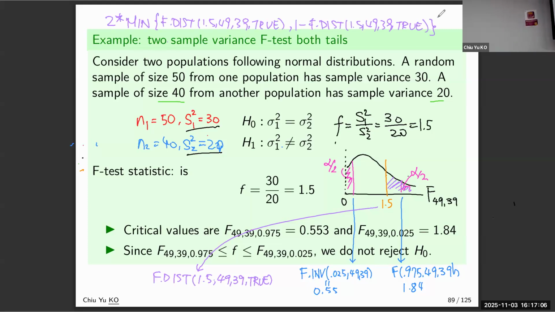So you take the minimum of the two numbers and multiply by 2. Because you can't take the one that is more than 0.5. If you multiply by 2, it explodes to more than 1. So you take the smaller one, because you keep moving the alpha such that you just reject. So that means you have the minimum of the two numbers.